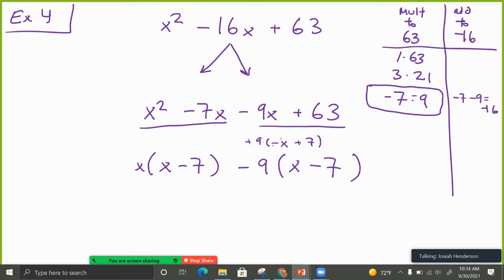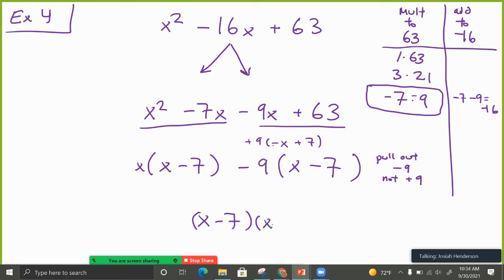So to fix that, we're pulling out negative 9 instead. So pull out negative 9, not positive 9. And then from here, we're basically done: x minus 7 times x minus 9.